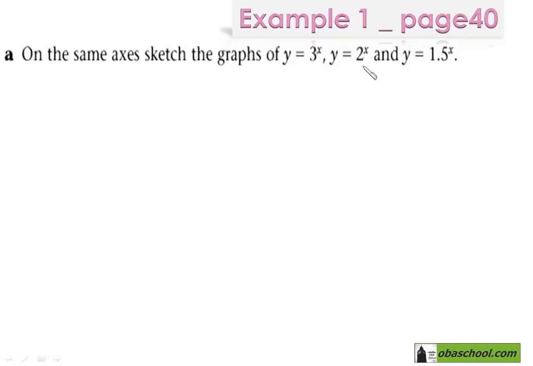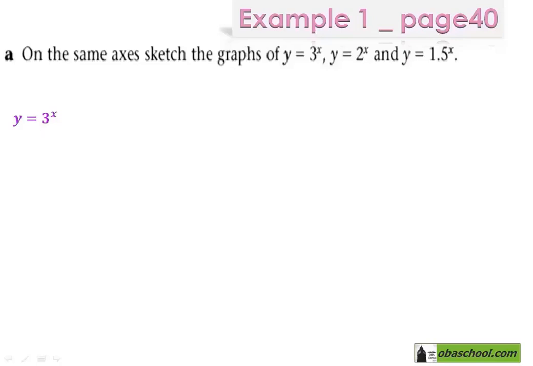The first one, y equal to 3 to the power x, the second one, y equal to 2 to the power x, and here y equal to 1.5 to the power x. Every single one comes in the same form, y equal to a to the power x, and we have discussed this exponential function before. In this exercise, we're going to sketch all three of them.